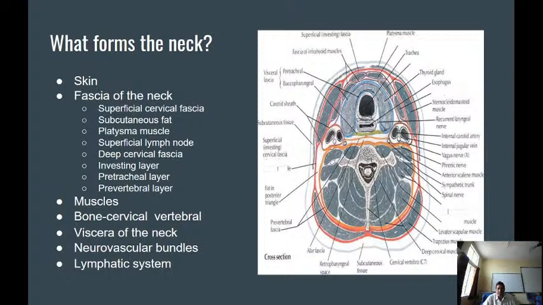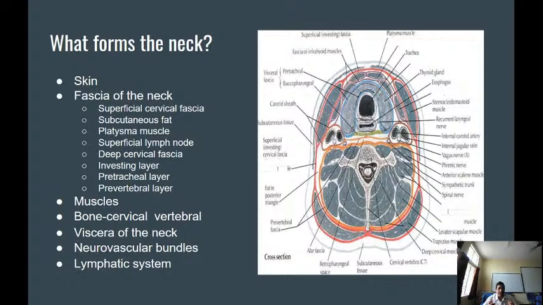And before that, what is actually in the neck? What are the various structures that are present in the neck? We need to know. Now, as we go from outside, you have the skin, then the superficial fascia, then the platysma muscle, then the strap muscles or sternocleidomastoid, the various muscles. Then you have the viscera, that is the larynx, trachea and the esophagus.